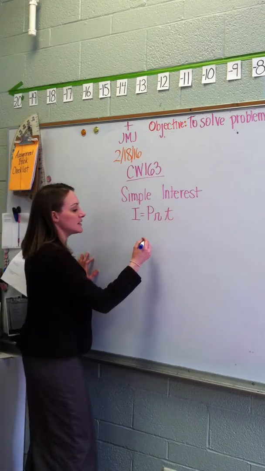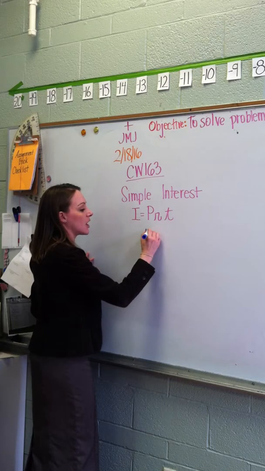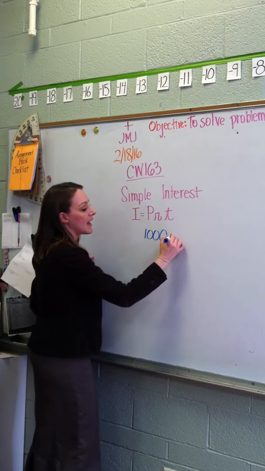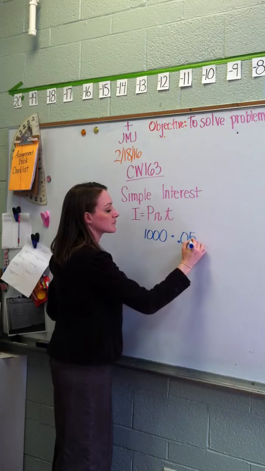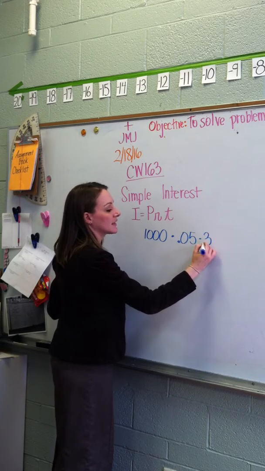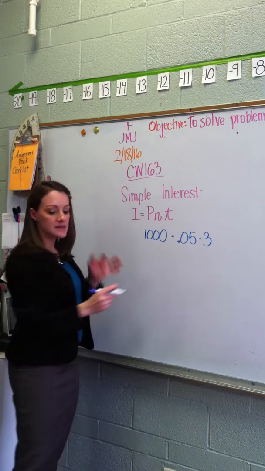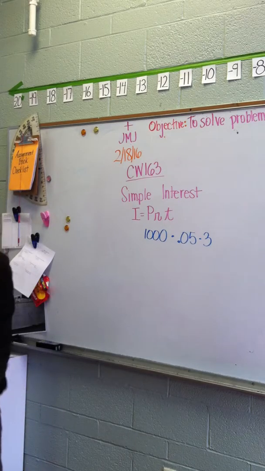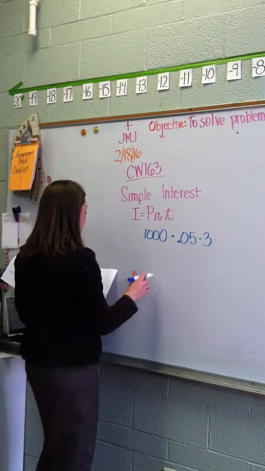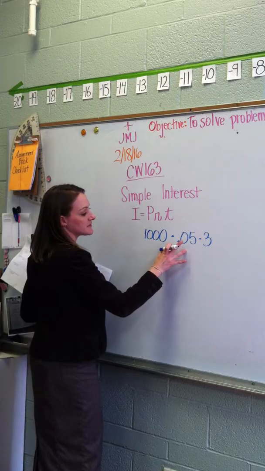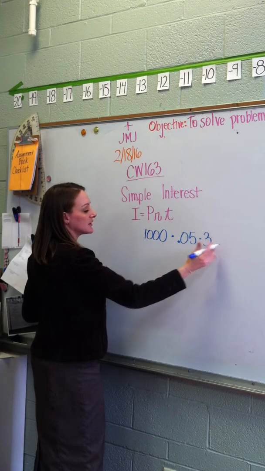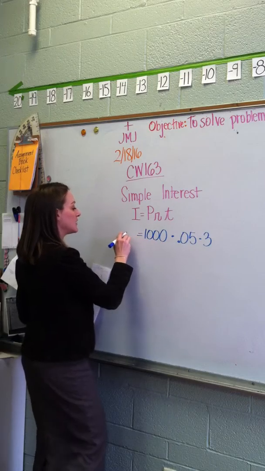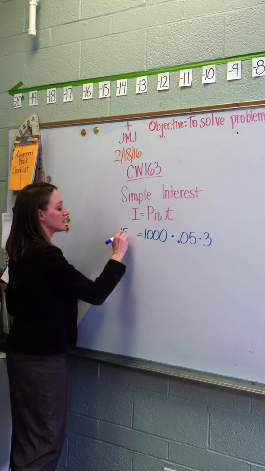Let's take an initial investment of $1,000 at a rate of 5% for 3 years. 1,000 times 0.05 times 3. So this is 50. 50 times 3 is 150. So my interest is 150.